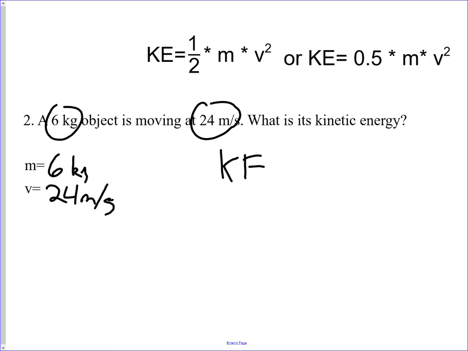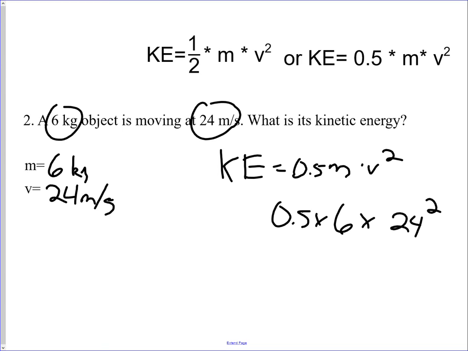So KE equals 1/2 times our mass times our velocity squared. We plug it in, so it's 1/2, or actually I'll put 0.5 to make it easier because I said that before. Let me write that up here too. 0.5 times 6, and then times 24 squared.